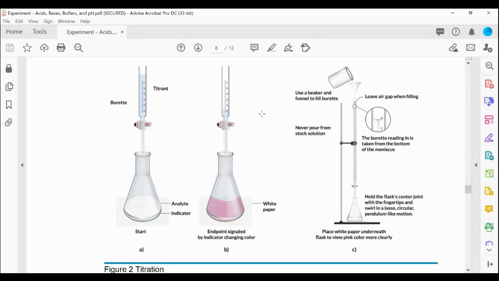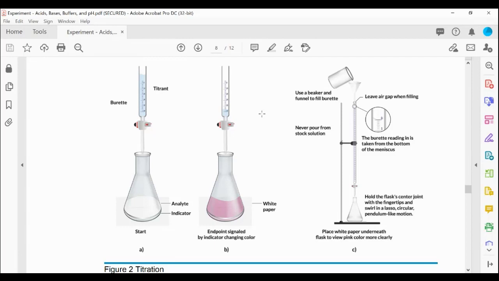So as we said, we will determine the concentration of acetic acid in vinegar, and we will titrate the vinegar with sodium hydroxide. Once we reach the end point of the titration, the phenolphthalein turns pink, and all the acid is neutralized.